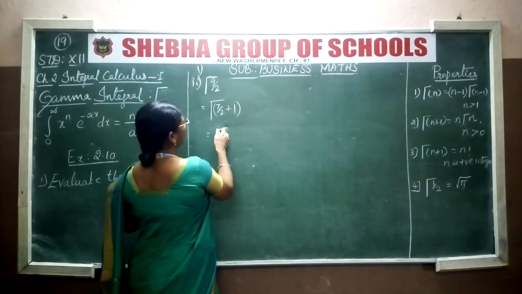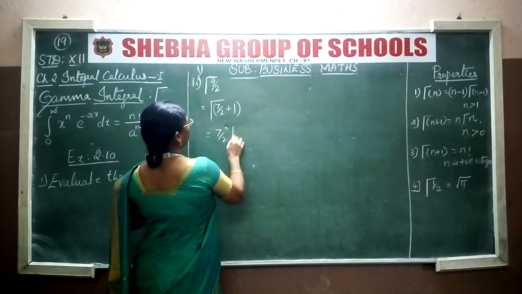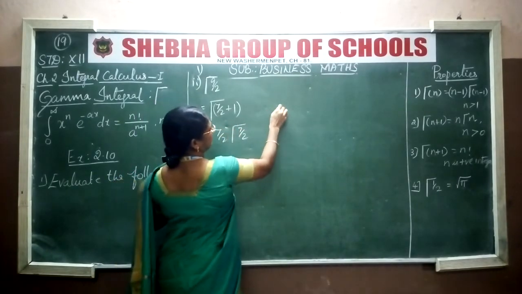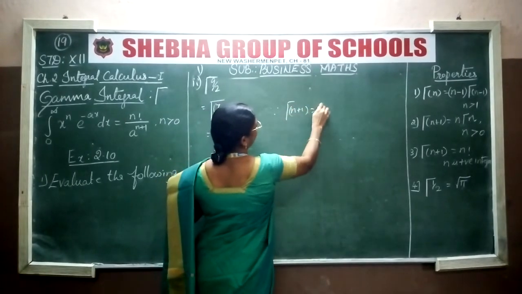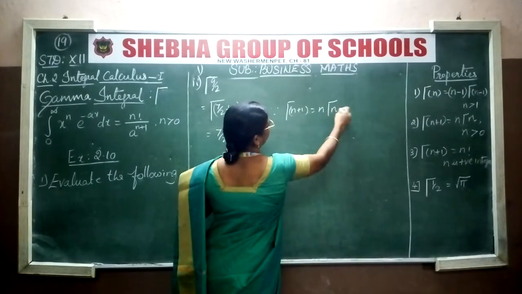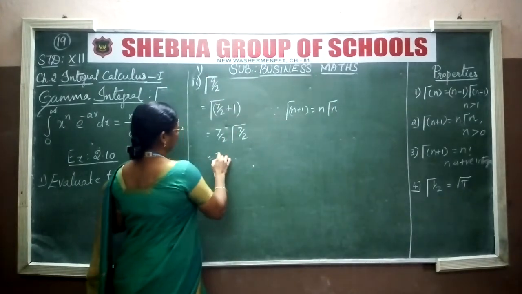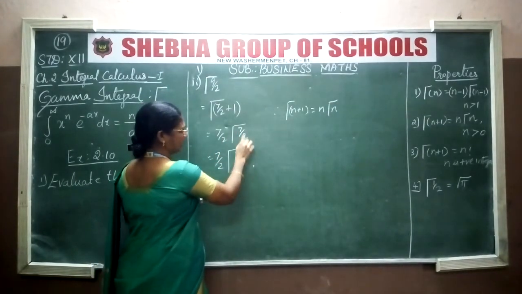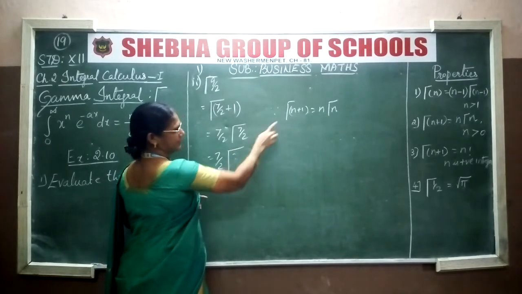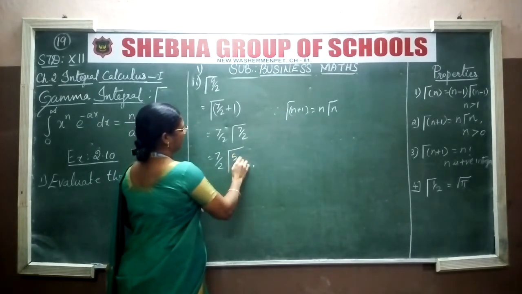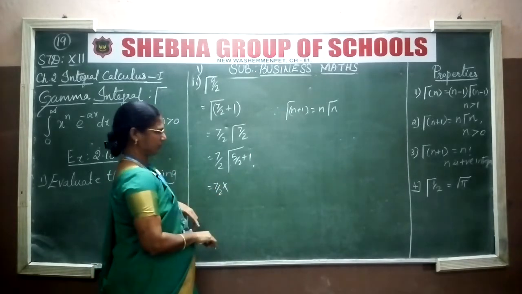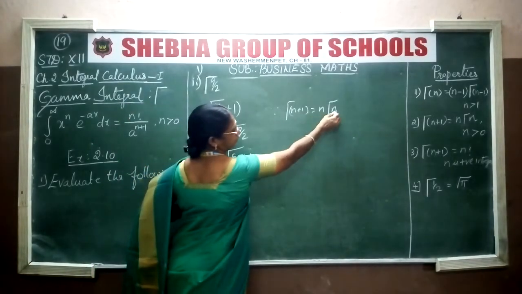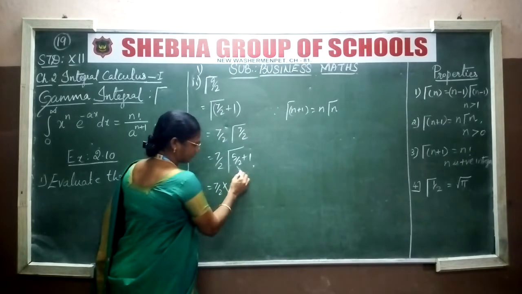It is equal to 7 by 2 into gamma 7 by 2, since the formula is gamma n plus 1 is equal to n into gamma n. Now again we write this gamma 7 by 2 as n plus 1, that is 5 by 2 plus 1. Using the formula n into gamma n, here n is 5 by 2.